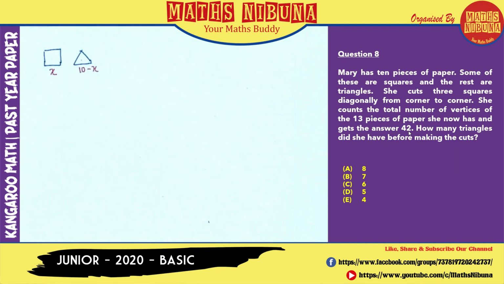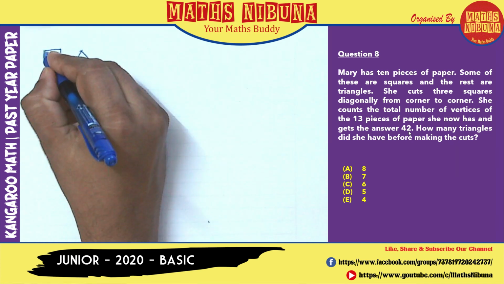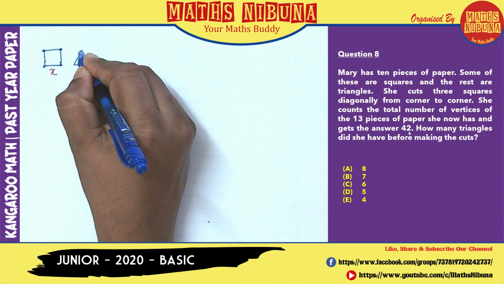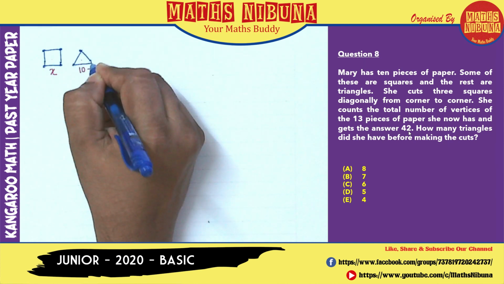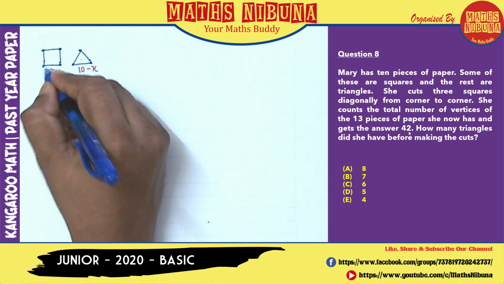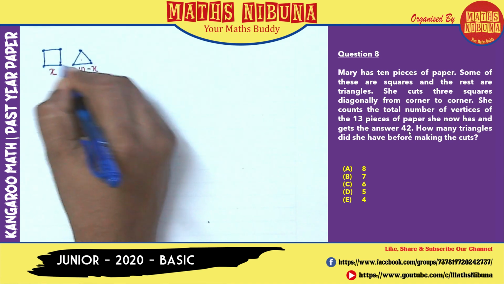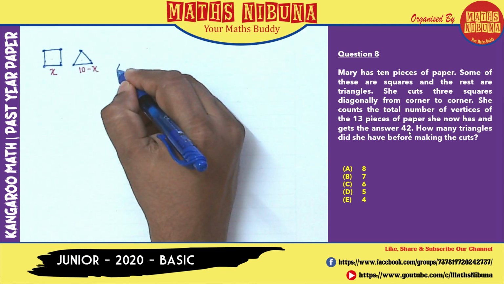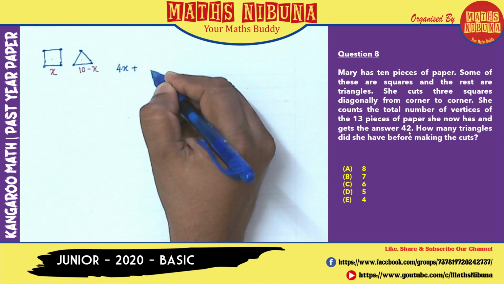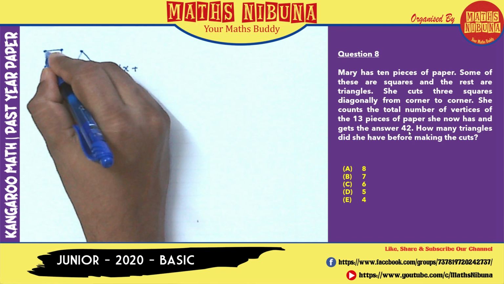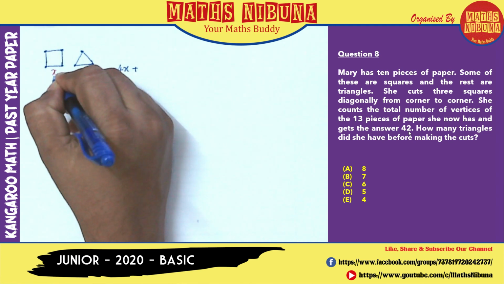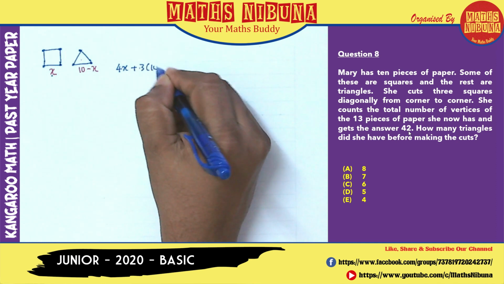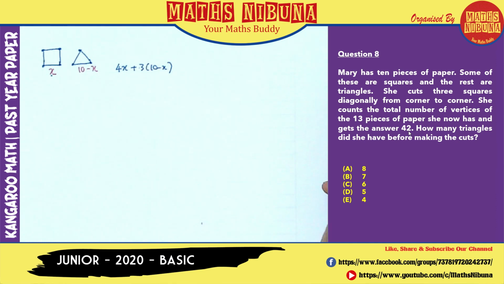I just take a simple one directly. The square has 4 vertices and the triangle has 3. So before she cut, she has 4x plus 3 times (10 minus x) vertices.